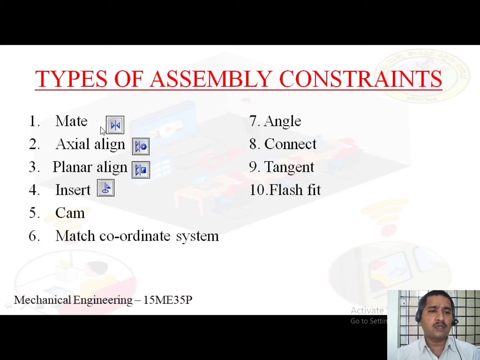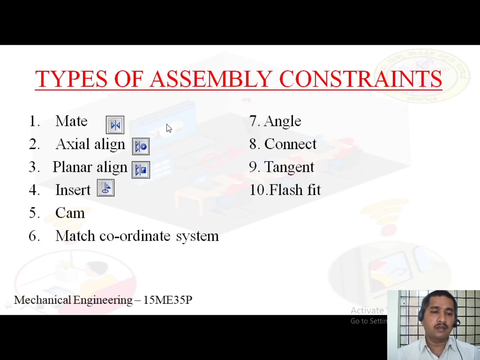The next one is axial align. Axial means axis align. The axial align relationship allows you to align the axis of the cylindrical feature of the placement part with the axis of the cylindrical feature on the target part. Next one is planar align.